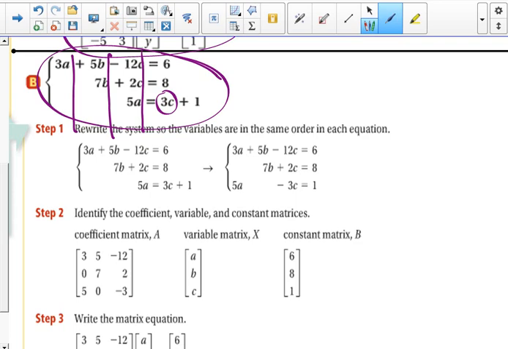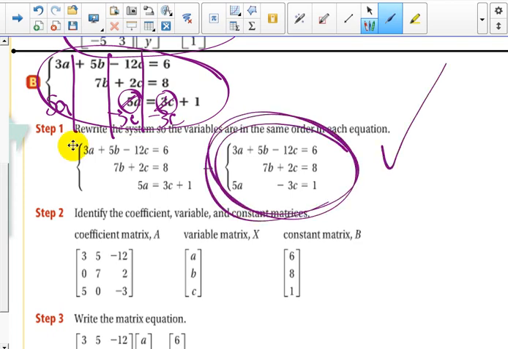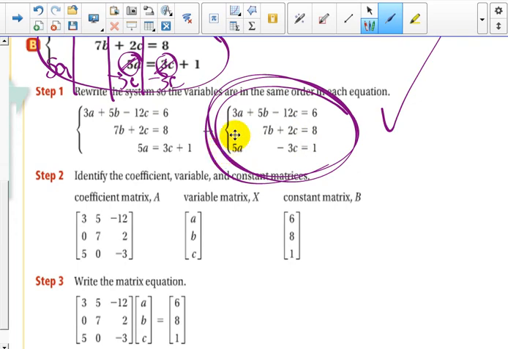So here, you're going to have to shift this A over here to 5A, and then you're going to have to subtract 3C from each side. So right here, you're going to have a -3C. So you have 3A and 5A in the first column, 5B and 7B in the second column, and then -12C, 2C, and -3C in the third column. And it looks like this when you get them all lined up and put in the right place. Everybody see that? Now, wherever you're missing one, that's just a 0.